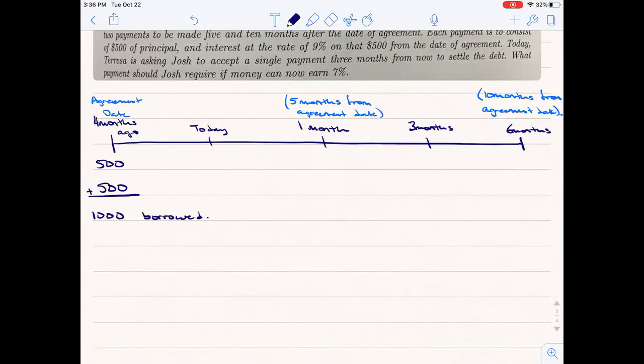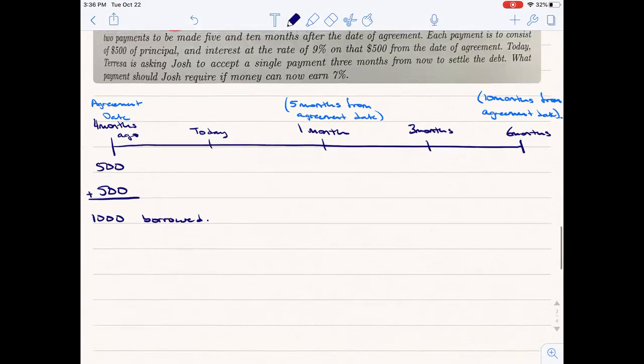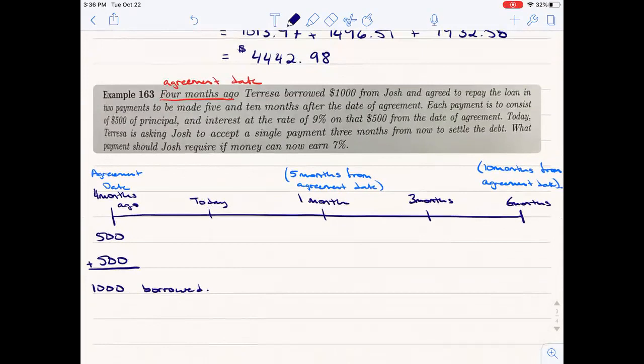How do we put the 3 months with the 6 months, if she had a 10 month agreement, and then she asked for the 3 months? It's because it says, today, Teresa's asking Josh to accept a single payment 3 months from today. And 4 months ago, they shook hands and said, I'll pay back half of this plus interest in 5 months and then the other half in 10 months.